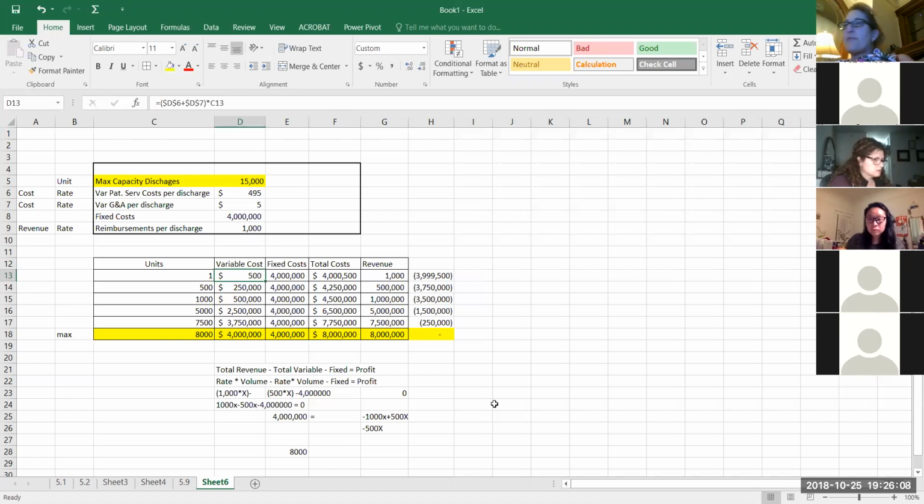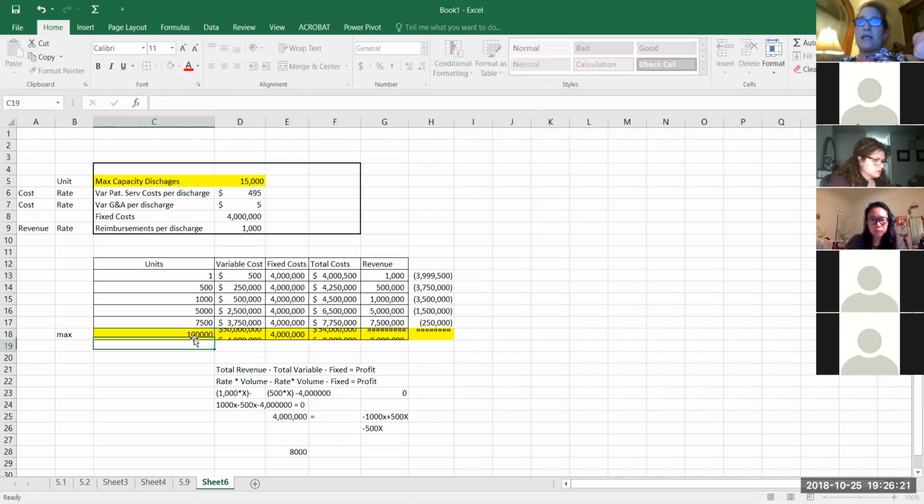Okay, so we figured out the break-even, which is 8,000 discharges. It says now Charity's total discharges for 2014 total 10,000. So I'm going to go ahead and put 10,000 in my table, right?